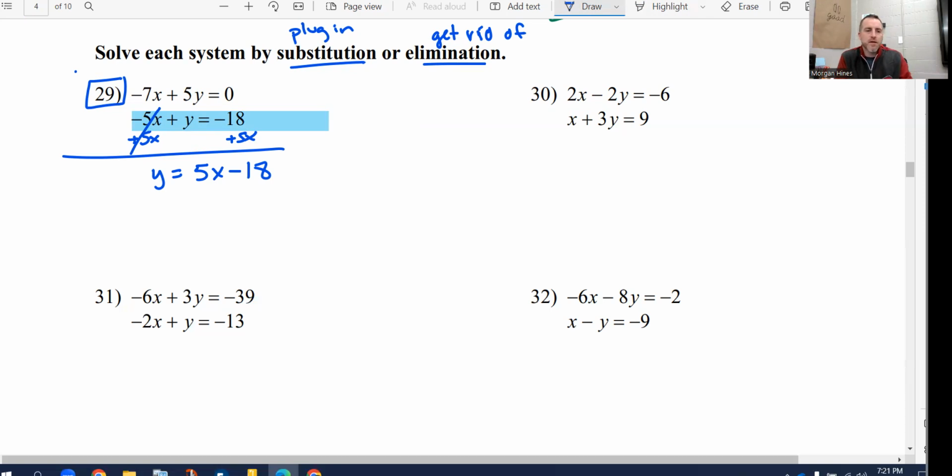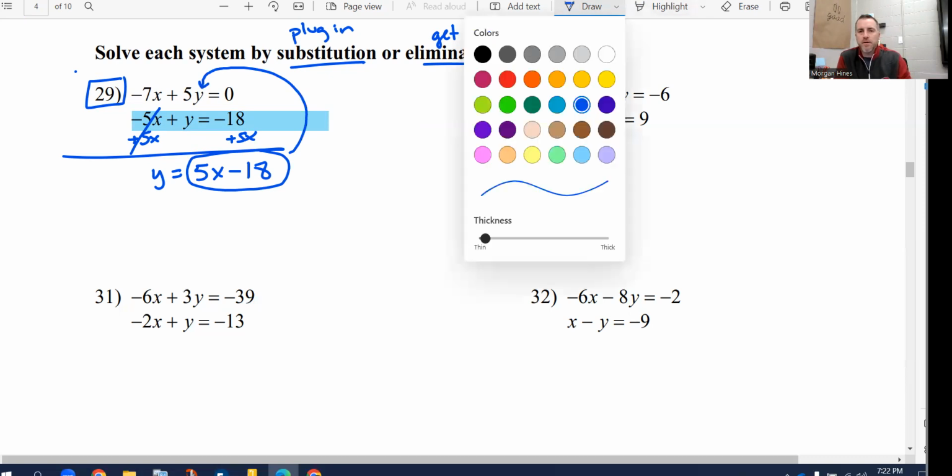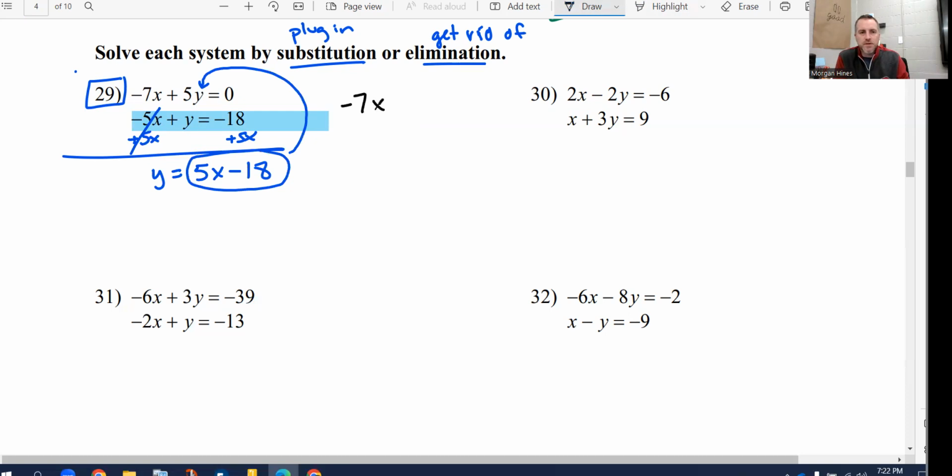Okie dokie. So if that's what y equals, and I know that I want that to be true, then I can take that 5x minus 18, which is what y has to be equal to if this is going to work, and I can plug it in for that y right there. So I'm going to look at that first equation, negative 7x plus 5y.